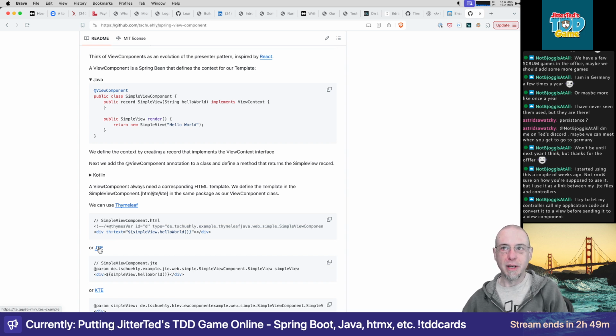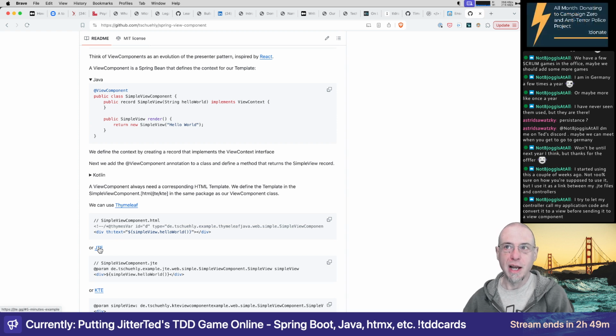Why Thymeleaf is so great is I can take a Thymeleaf template and look at it in a browser. But because JTE sticks in other stuff that's not HTML, to me that's a big step backwards.